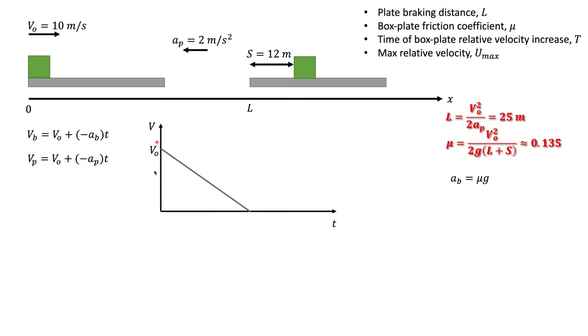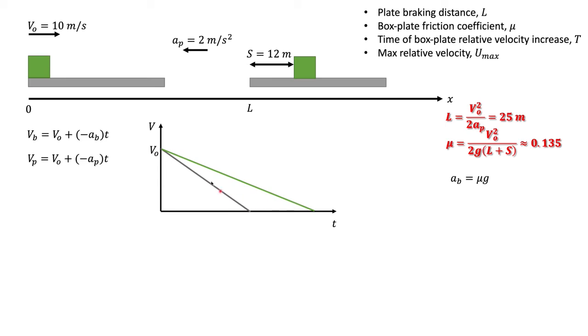So if we have v versus t, this gray line will be the velocity of the plate. Now the velocity of the box is going to be similar. The only difference is AB in absolute value is less than AP, so it's going to be a shallower slope. But now the question is, what is the relative velocity of box and plate?